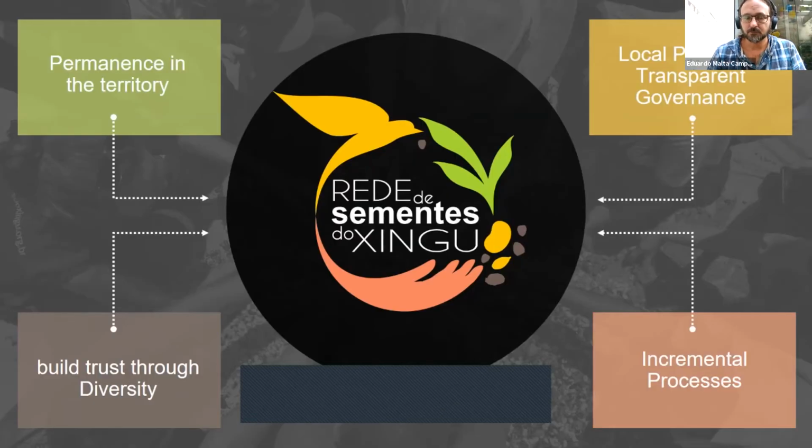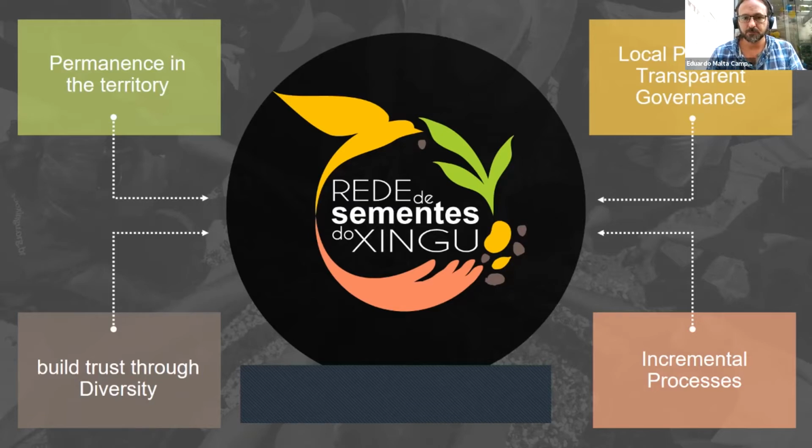We find that for this kind of work to happen and have success, it's important to have permanence in a territory, and to build local pacts and transparent governance in order to build trust through diversity. And we mean not only biodiversity, but mainly social diversity. And it's an incremental process that you have to be patient with. Ecological restoration takes a long time, and social transformations also take a long time.